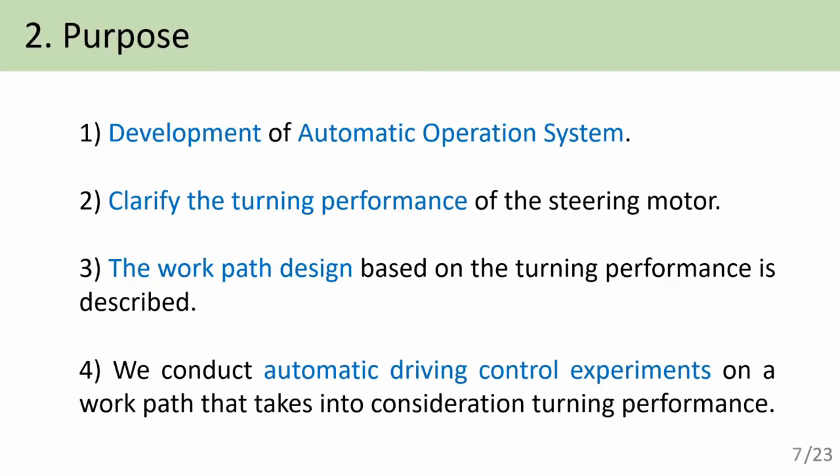Therefore, I would like to talk about the following 4 purposes. First, development of an automatic operating system. Second, clarify the turning performance of the steering motor. Third, the work path design based on the turning performance is described. Fourth, we conduct an automatic driving control experiment on a work path that takes into consideration turning performance.